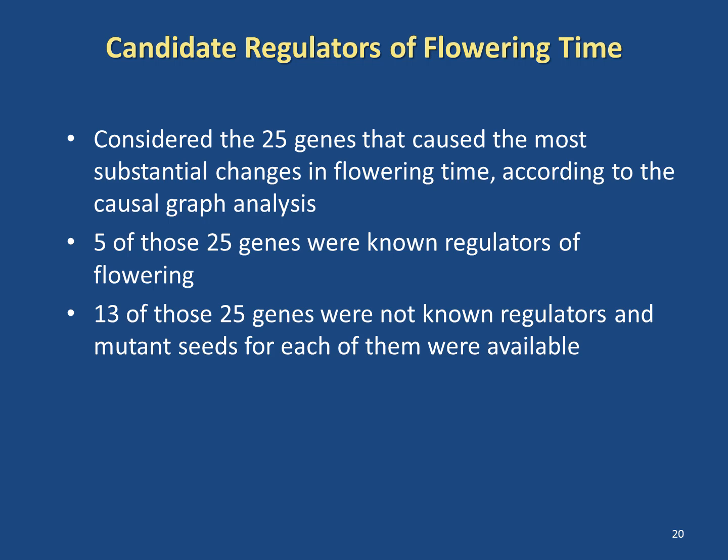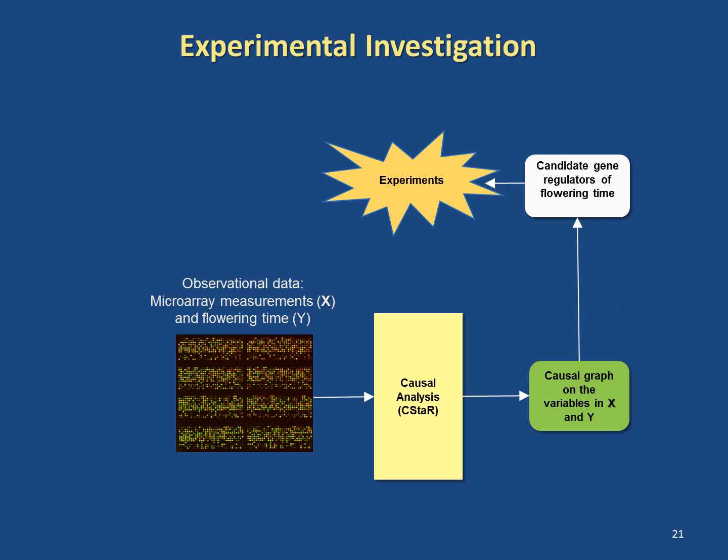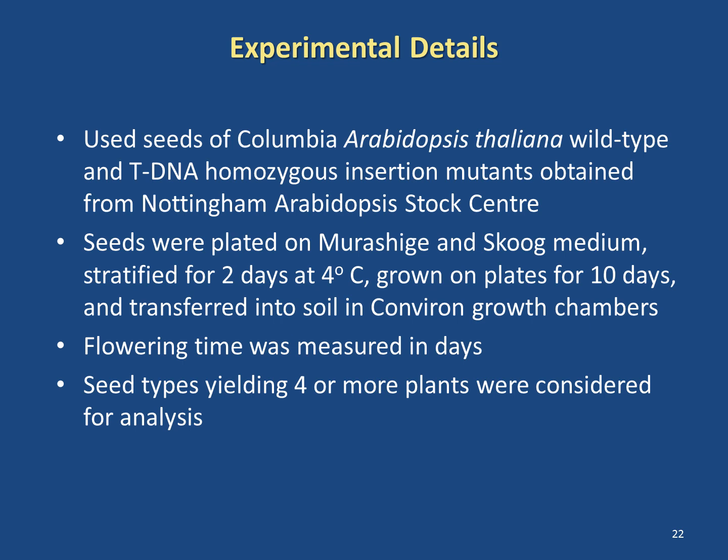So on the basis of that, they performed experiments on these 13 for which they had mutant seeds for each of these genes. And a little bit of experimental detail. They used seeds for wild type and control, and then T-DNA homozygous insertion mutants that were obtained from this stock center.